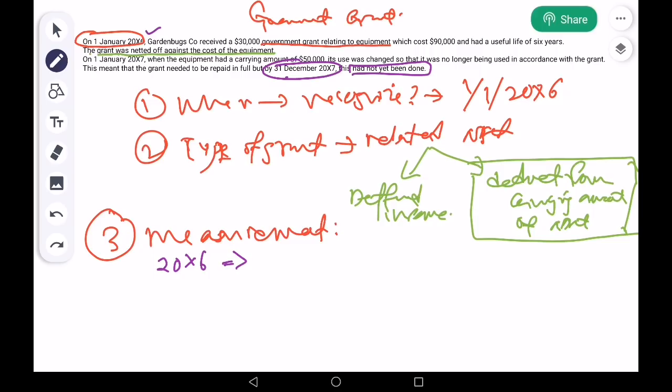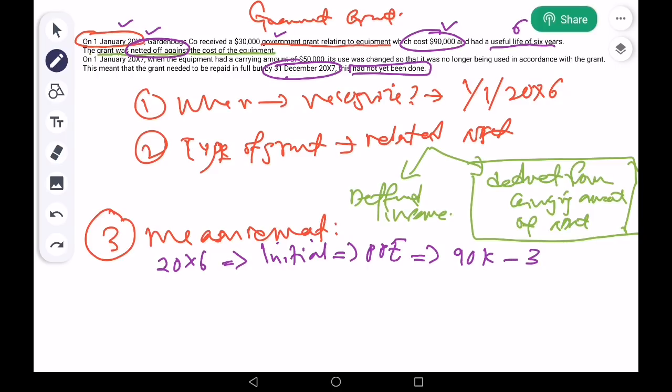On the 1st January, you receive a grant of 30,000, with the cost of the machine 90,000 and a useful life of 6 years. So you have to net off against the cost of equipment. The initial cost of the asset, 90k, minus your 30k grant, so the initial amount of your asset will be 60k.